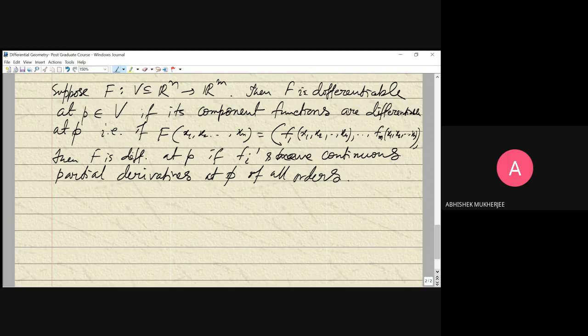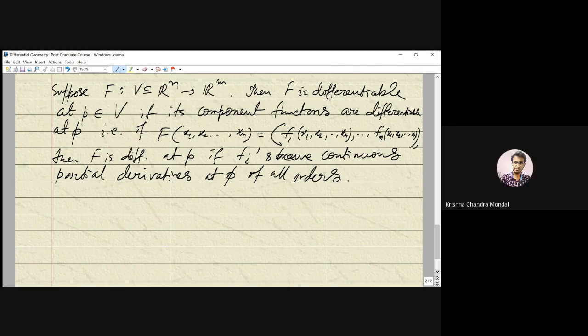Partial derivatives mean these are the directional derivatives along the lines generated by the standard basis vectors, with respect to the standard basis. That is, if you consider R3, then your standard basis is E1, E2, E3. So in that case, the directional derivative of f along E1 will be your del f del x.